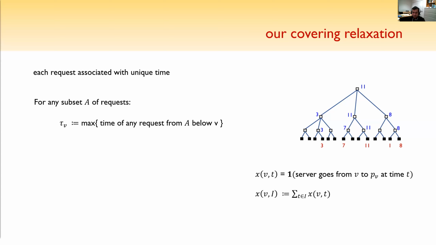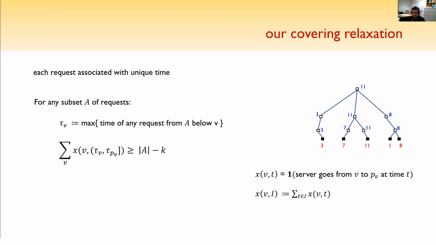So in this particular example, here's how we label all the vertices v by their corresponding tau_v values. And now, for the purpose of this constraint for the subset A, let's drop all the parts of the subtree that do not contain any requests. These parts of the HST are not going to be relevant, so for clarity, I've just removed these from the figure.